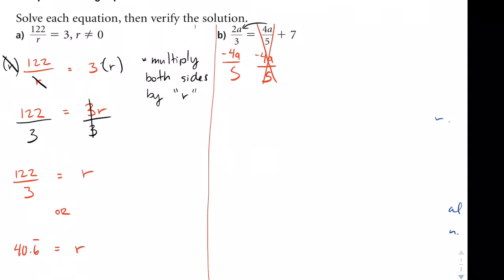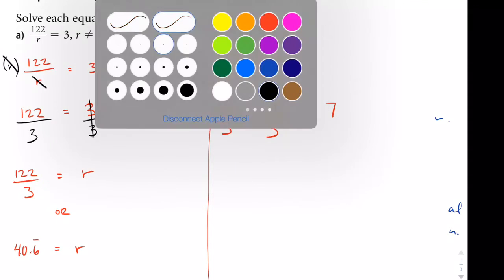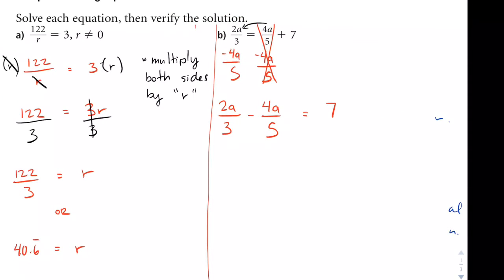And what I'm left with is on the left side I have 2a over 3 minus 4a divided by 5 equals 7. So we got to remember from the first unit, these are fractions and we can't just add or subtract fractions. We need to create common denominators. So I'm going to multiply this by 5, top and bottom, and I'm going to multiply this by 3.